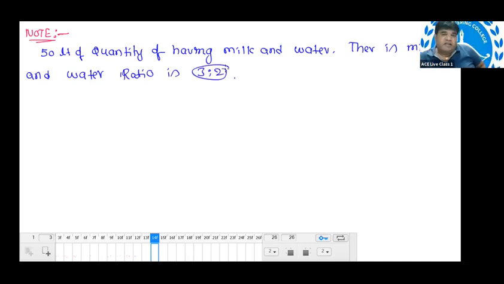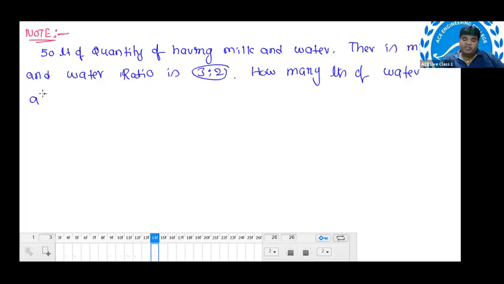How many liters of water must be added to the given mixture?